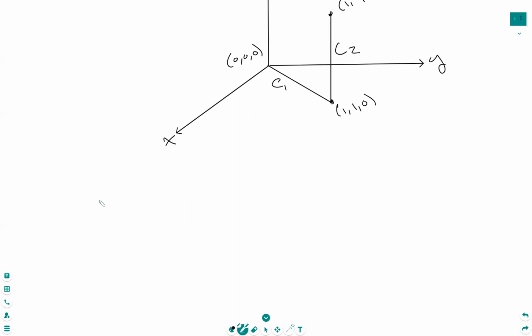So for C1, our parameterization we'll call R1. This is one of the parameterizations we could choose. If we say x is equal to t, y is equal to t, and then z is equal to 0, and we go from 0 to 1.